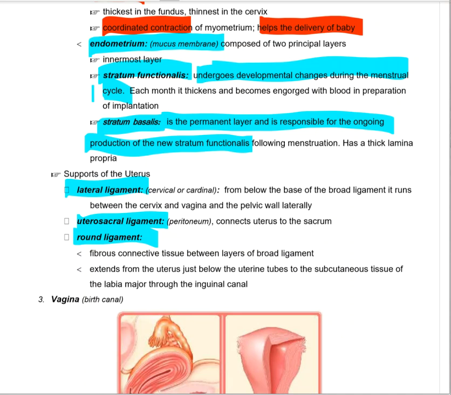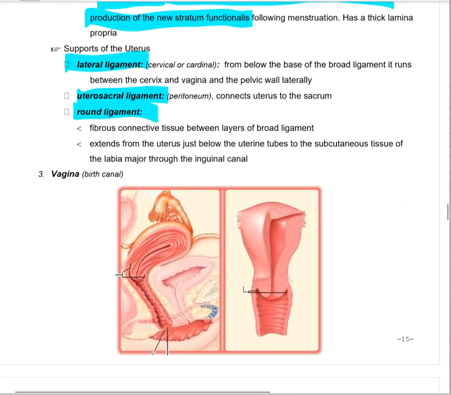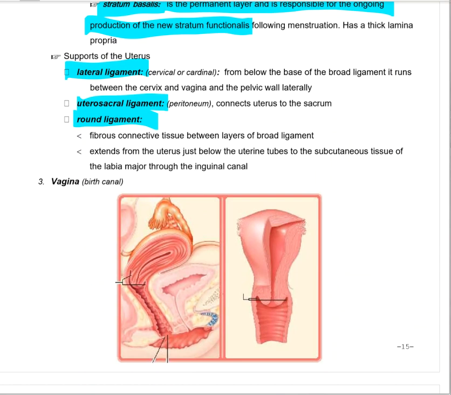So you can see the uterosacral holds it to the sacrum. The lateral ligament is running between the cervix and the vagina and the pelvic wall laterally, and the round ligament is near the broad ligament. And so all of those kind of hold it in place. Other than that, I'm not going to say much more about those.